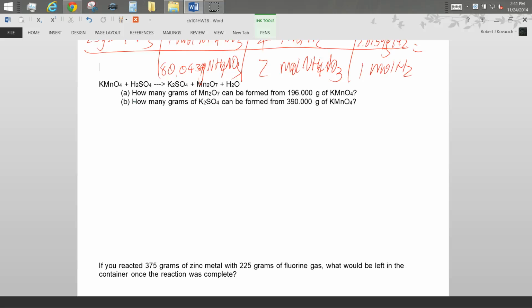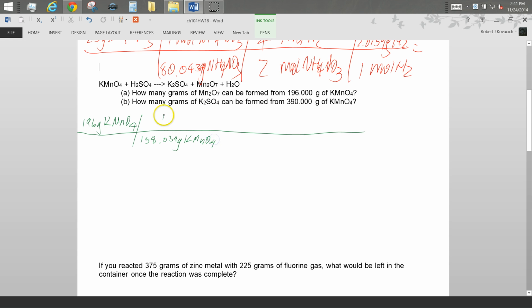Alrighty. So I'm going to start off with 196 grams of KMnO4. And then it's 158.034 grams of potassium permanganate for 1 mole of potassium permanganate. And then, oh, well, we forgot to do something, which was what?